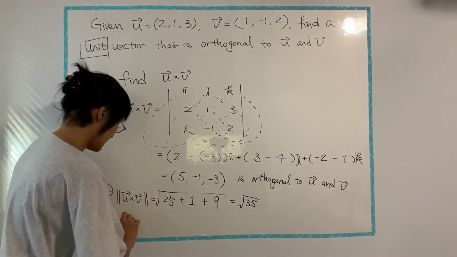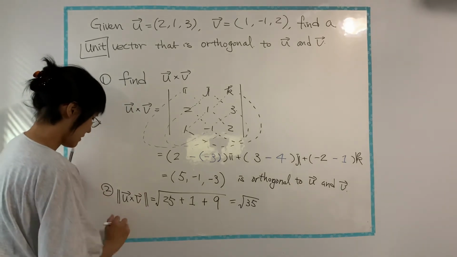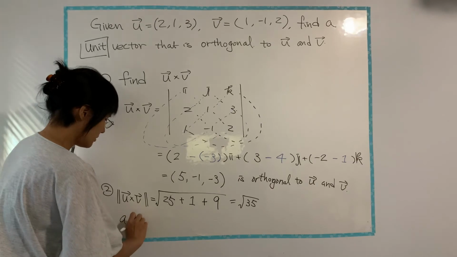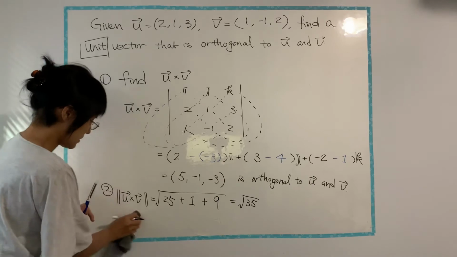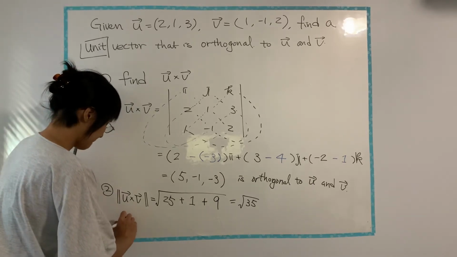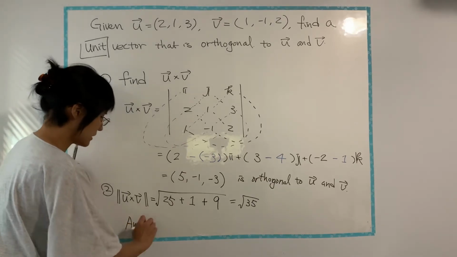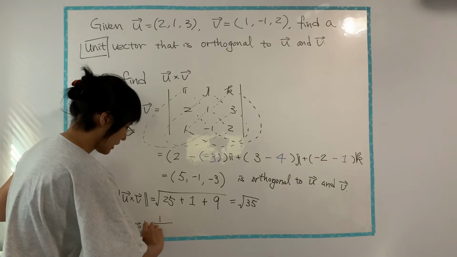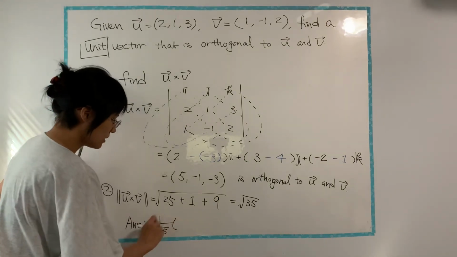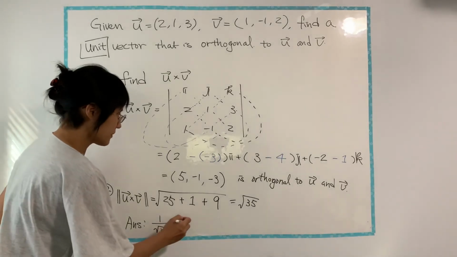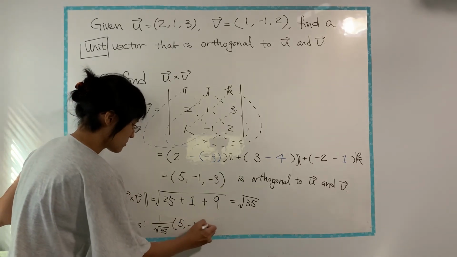So the unit vector that is perpendicular, or orthogonal, to both U and V is 1 over root 35 times the vector (5, -1, -3).